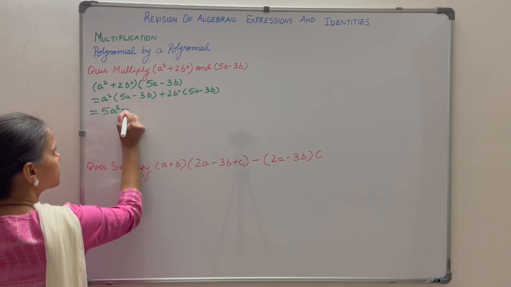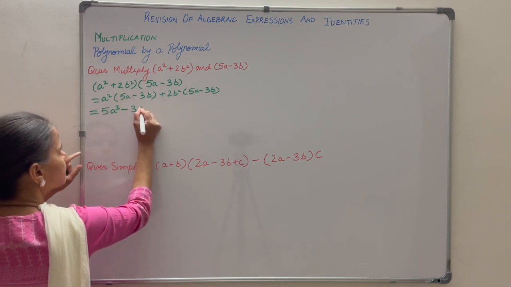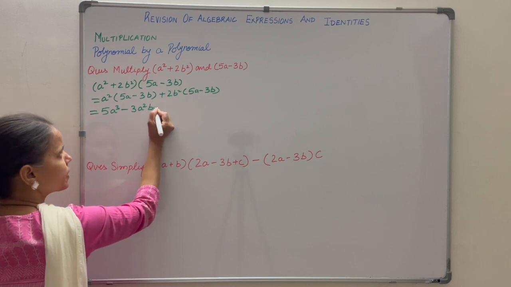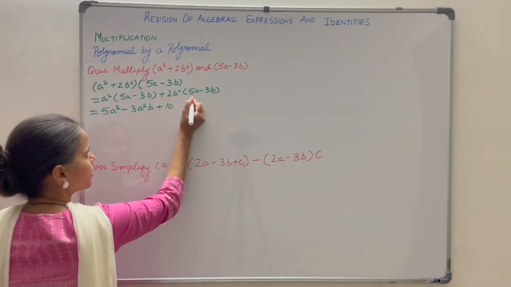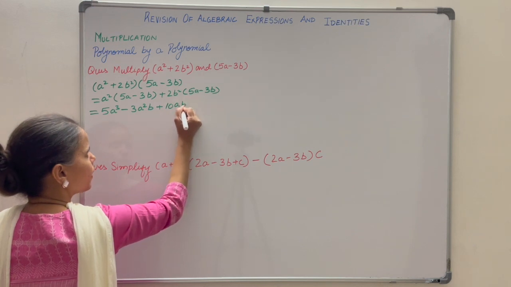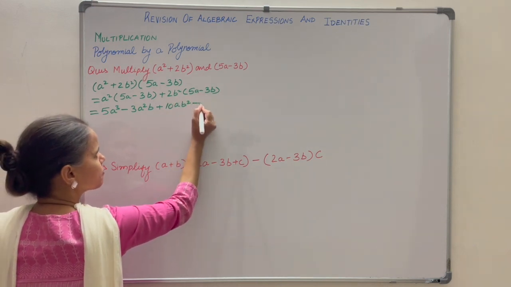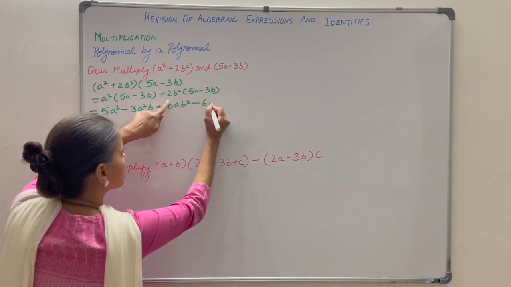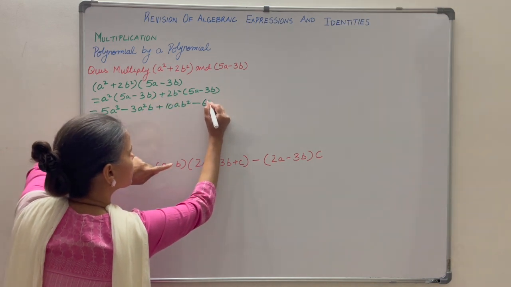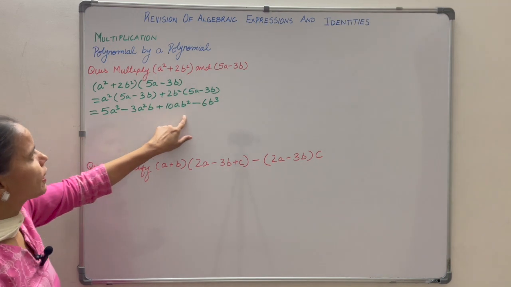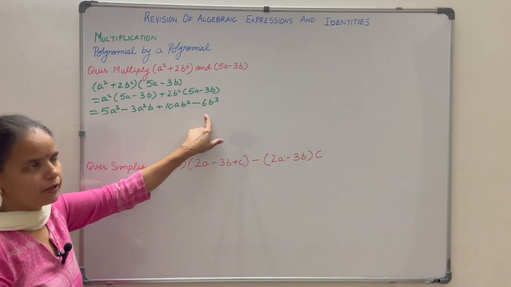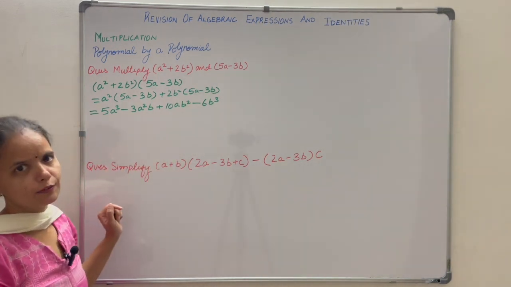Plus into minus is minus 3a square b. Plus 5 into 2 is 10ab square. Plus into minus is minus. 3 into 2 is 6. b square into b is b cube. So there is no like term here to be further simplified. So this is the answer for this question.